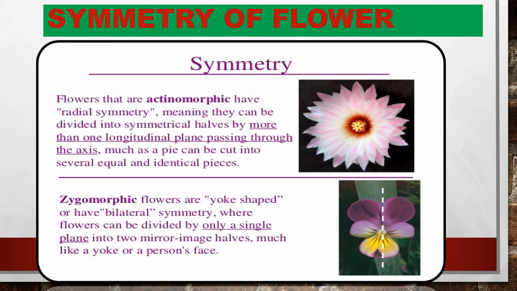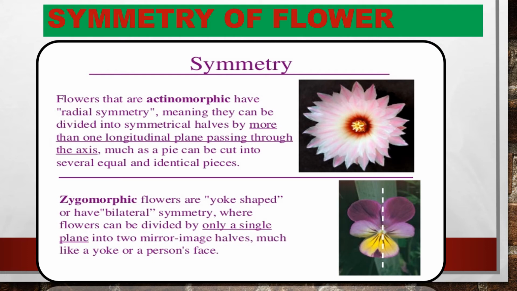Next we are going to learn about the symmetry of flowers. Based on the symmetry, the flowers could be categorized into two, that is actinomorphic flowers and zygomorphic flowers. Actinomorphic means the flowers having radial symmetry.